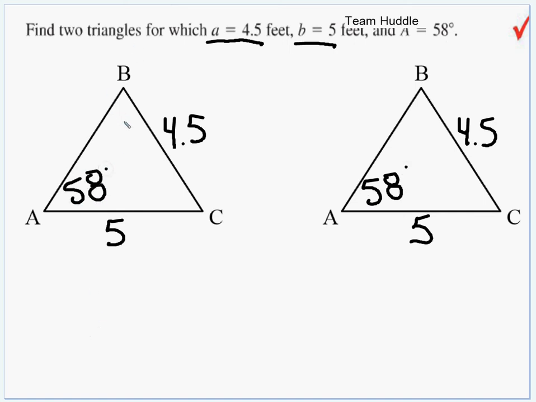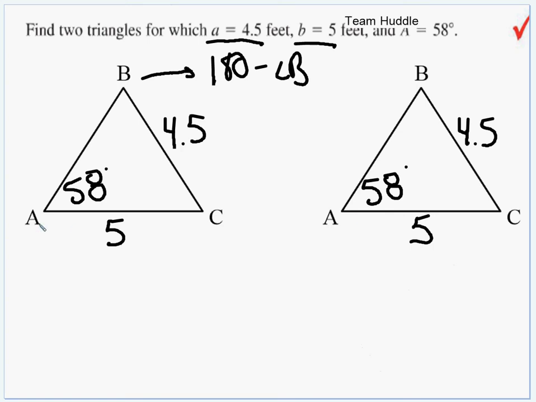So set up and solve for angle B. As soon as you find the first angle B, subtract it from 180 to find the other angle B. And from there you can find the missing angle C's and the missing side C's. So pause the video, try it out, and fire it back up to see if you got them right.